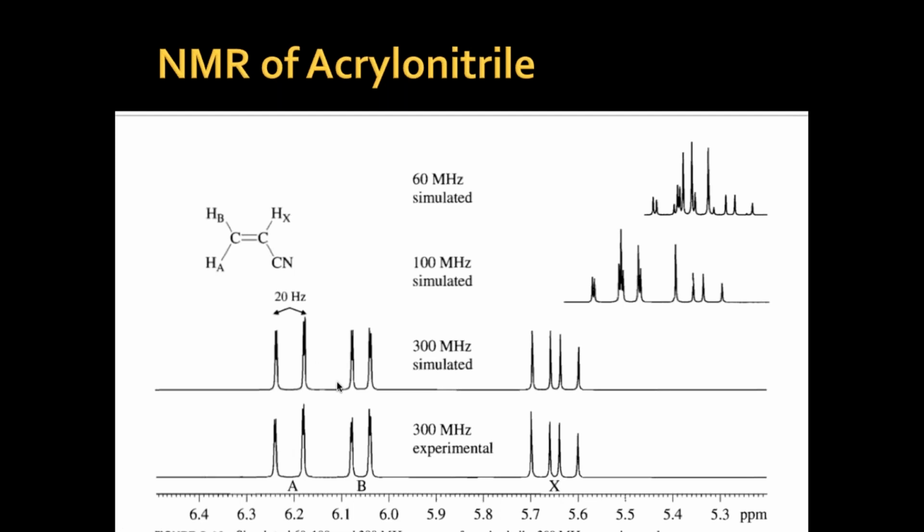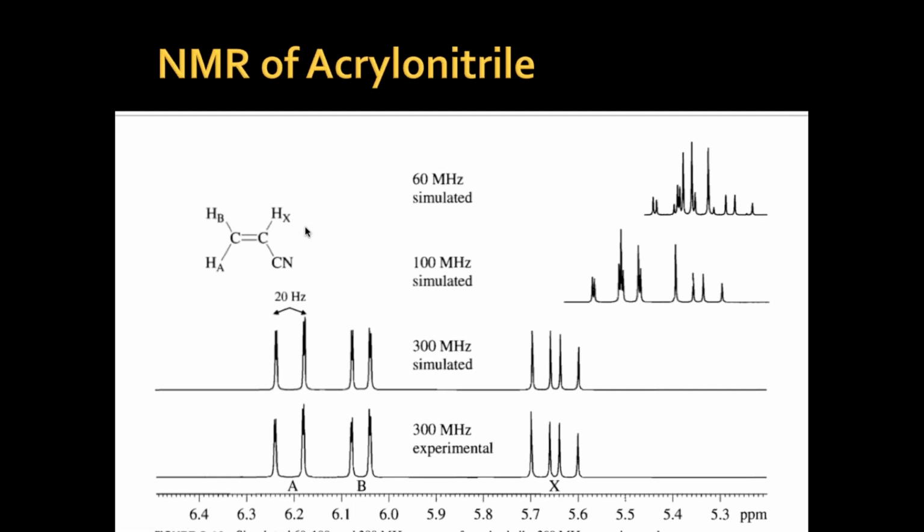I think everybody understands that a molecule with a double bond and different groups on the vicinal carbons can show the cis or the trans stereo configuration. Now HA and HX are trans to each other. HB and HX are cis to each other.